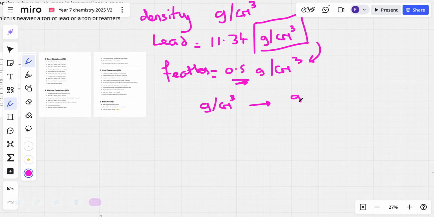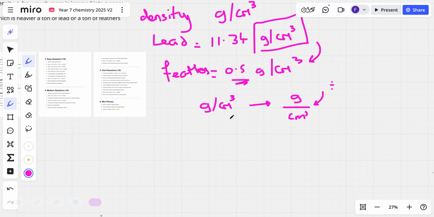It looks like grams over cm cubed. Irrelevant to what word I use, when I say over or backslash, what I'm really saying is grams, this is the fraction line and it means divide. So grams divided by cm cubed.